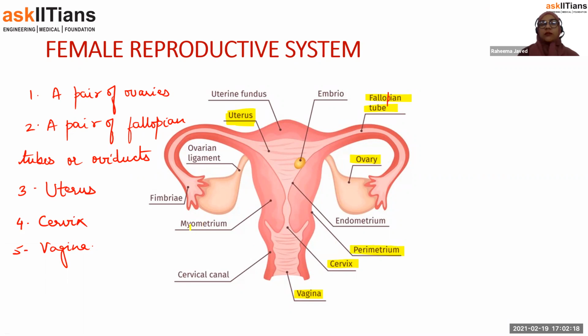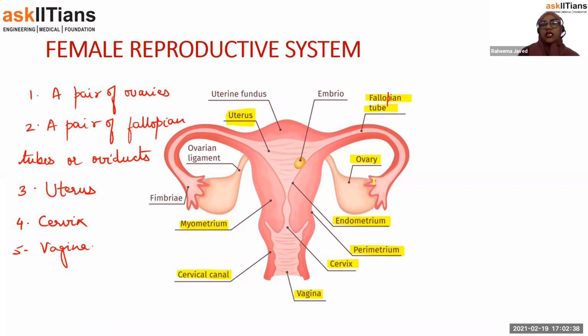Perimetrium is the outer one, myometrium is the middle one, and endometrium is the inner one. This cervix actually opens into a canal like region, that's why it is known as the cervical canal. Then the cervical canal ends into the vagina.